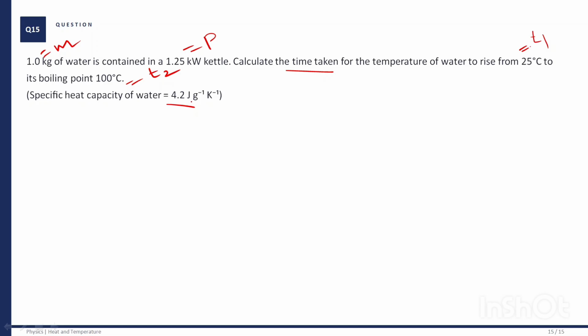And heat capacity given 4.2. Okay. Then how can we solve it? I will take the heat capacity in kg, so we'll write here itself C equal to 4200 joule per kg Kelvin. It is well known about water. And we have a formula power P equal to heat energy by time.